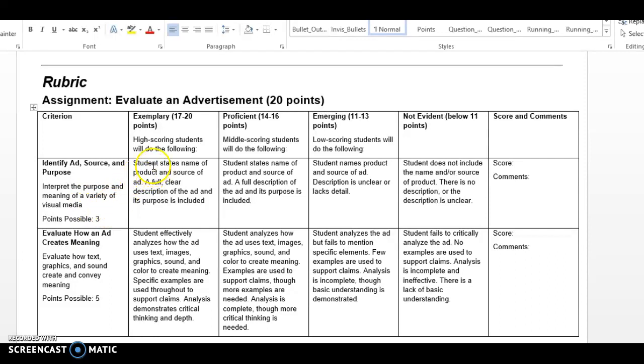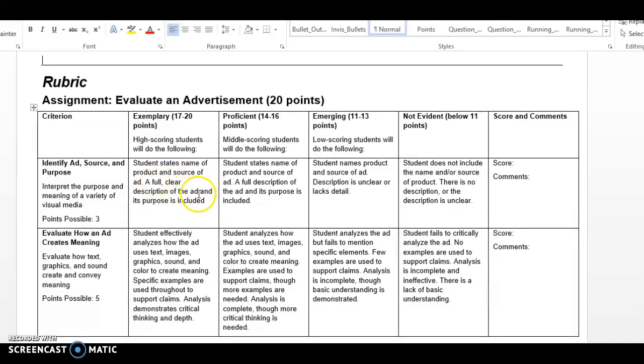Basically, you'll have to state the name of your product and your source of the ad. Tell us where you found the ad, like what website or TV show or commercial or magazine, anything like that.